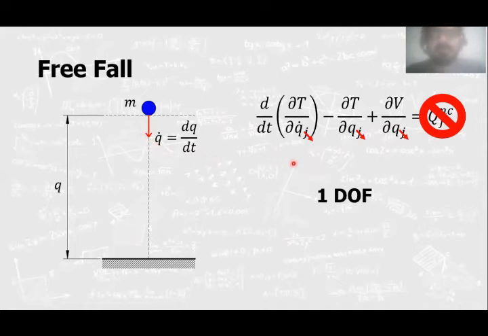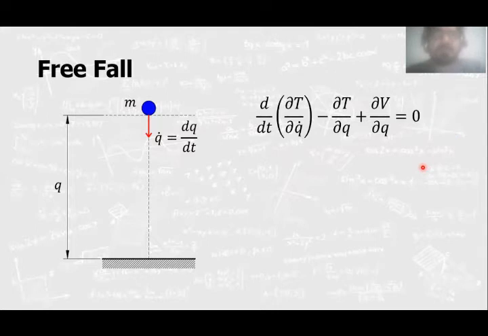And for an ideal case, we don't have non-conservative forces like the pressure of air or friction, for example. The equation should be this, with zero on the right side and only one degree of freedom.